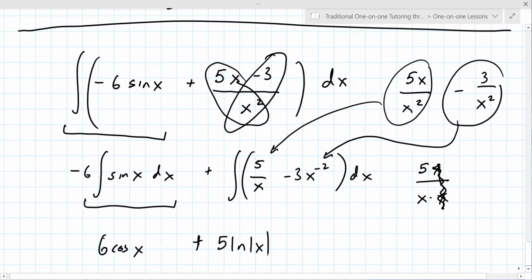Yes. You have to put the 5 also? Yes. And it's going to be negative 3x to the power of negative 1 plus c.